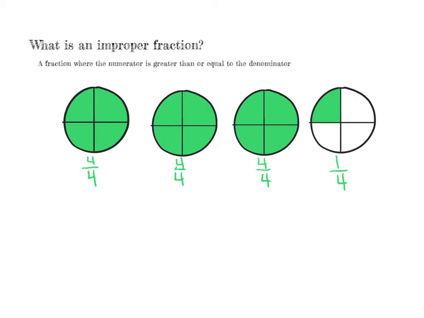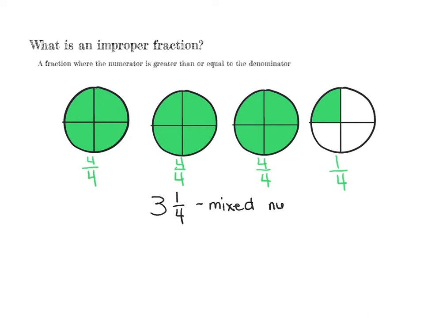All right? So if we were going to write this as a mixed number, as you've learned, we would say that this is 1, 2, 3. So we would write it as 3, and then there's only 1 piece of this one, so 3 plus 1/4. That's what it would look like as a mixed number.